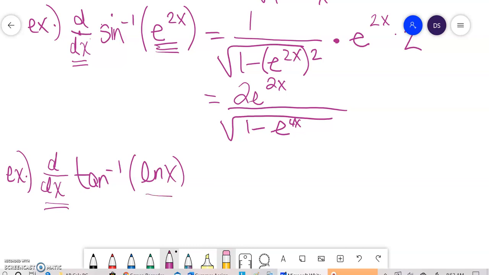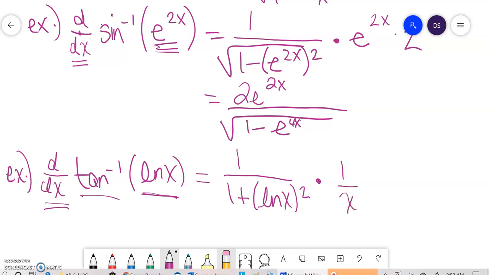So notice my inside function, my outside function. So it's a chain rule. The derivative of the outside, 1 over 1 plus the function squared, times the derivative of the natural log of x, which is 1 over x.